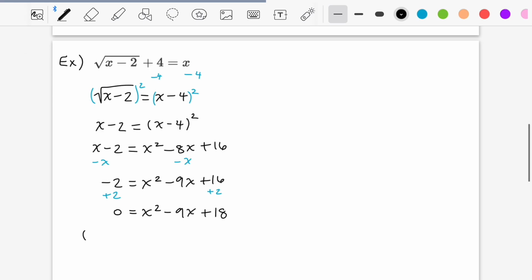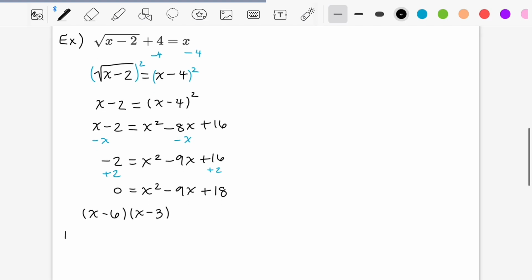Now we can factor this guy. We need two numbers that will multiply to be 18 and add to be negative 9. This will be negative 6 and negative 3. So our potential solutions are x is equal to 6 and x is equal to 3.